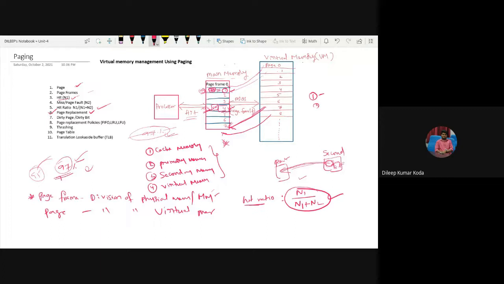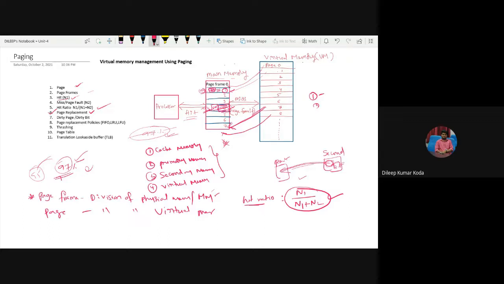What is the advantage of having page frame number 4 when it is no longer used, no longer relevant or required? I can replace this with page number 8 in page frame number 4. This concept is called page replacement. An irrelevant page will be replaced.